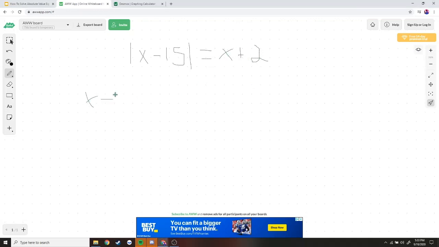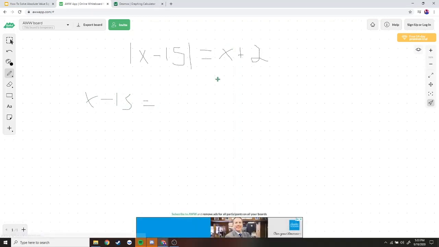So we have x minus 15, and we're going to keep it the same, so x plus 2. And we're also going to solve for x minus 15 is equal to negative x plus 2, and that's all being multiplied by the negative. Let's solve this side first. So we're going to bring the x on the other side.